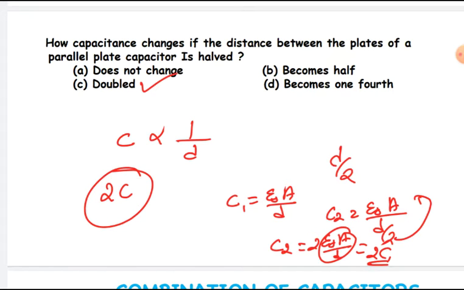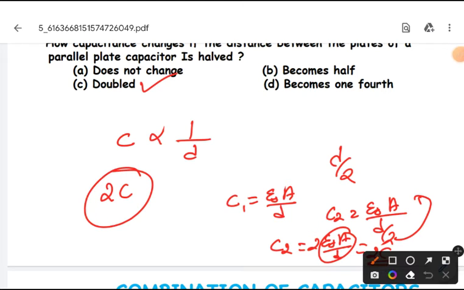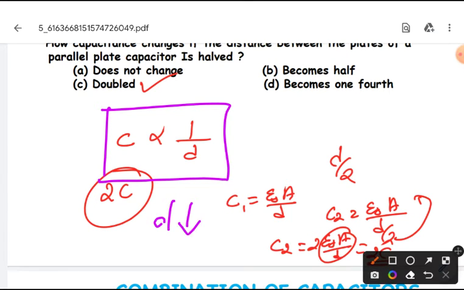We know C is equal to epsilon 0 into A by D. So D can be written as D by 2. So it becomes 2 into epsilon 0 into A by D. I'll tell you once more. C is inversely proportional to D, which means that when D decreases, C increases, and when C decreases, D increases.